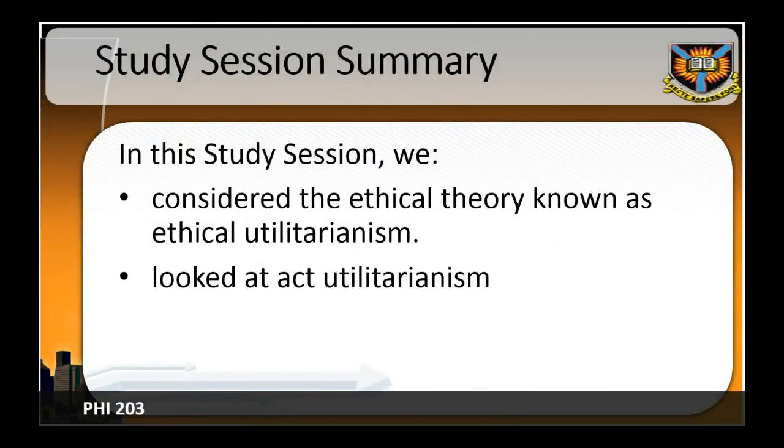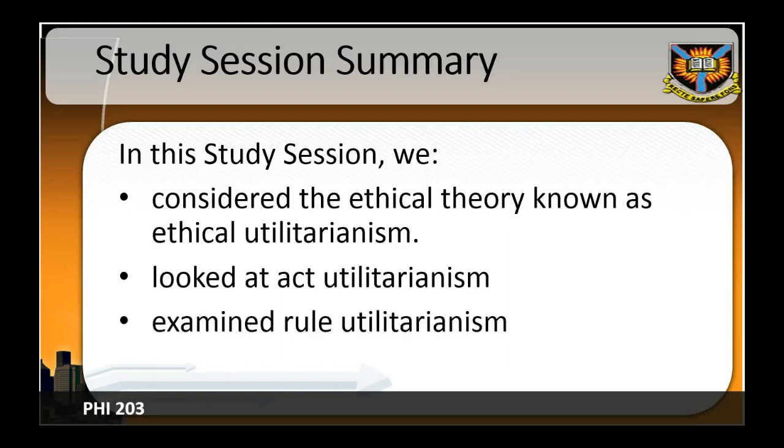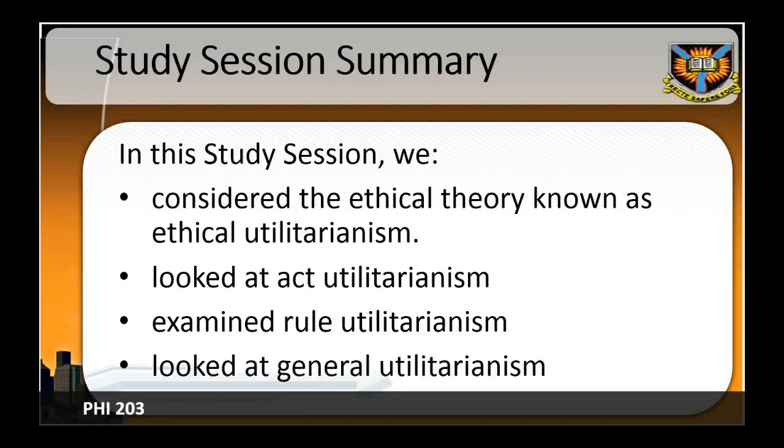Specifically, we looked at act utilitarianism, which holds that the consequences of each action are what need to be considered before the action can be said to be good or bad. Also, we examined rule utilitarianism, which purports that rules whose consequences produce more good than evil should be applied in making moral decisions. Lastly, we looked at general utilitarianism as the last of the types of utilitarianism examined.